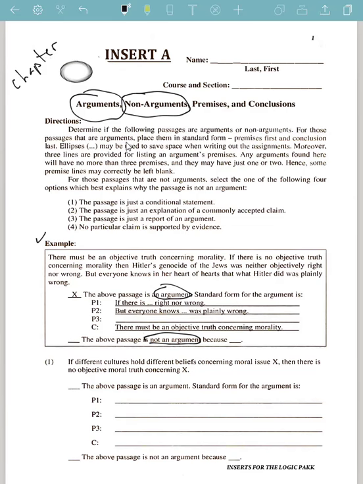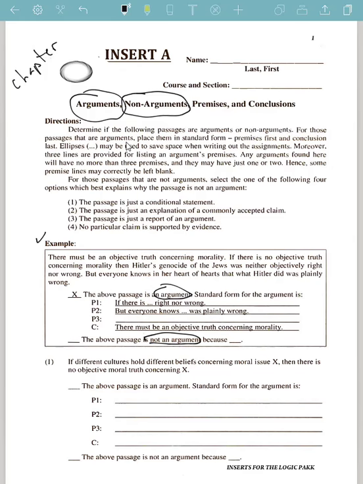As you've read in chapter 4, there are inductive arguments and deductive arguments, and you'll find that there are actually patterns. So if something is a prediction, or a generalization, or a hypothetical syllogism, that's going to mean right away that it's an argument. But we also have what we call patterns of non-arguments.